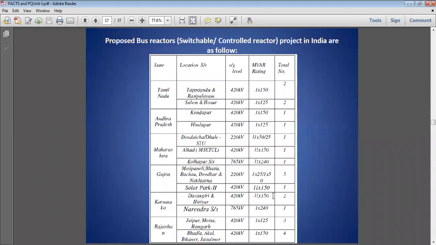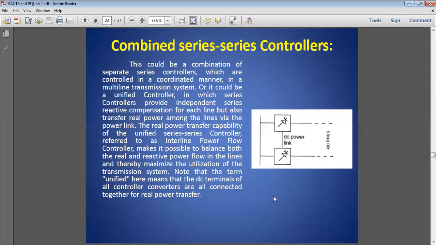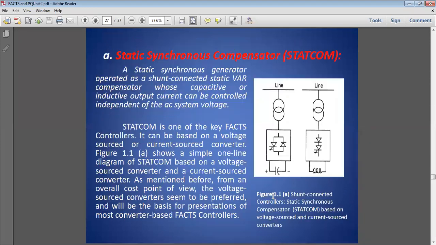In the previous lecture, we were discussing the STATCOM. So STATCOM is basically a shunt compensator which is connected at the center of the line. It may be at the sending end or receiving end, but it is connected in parallel.